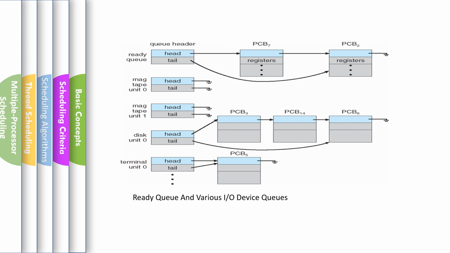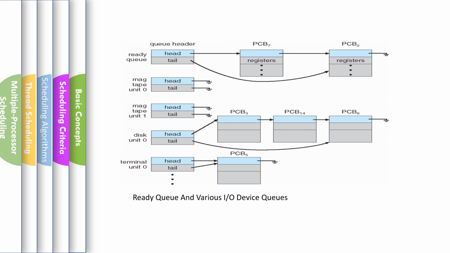Next we have the magnetic tape queues, then the disk unit queue, then the terminal queues. All these queues are maintained because the operating system keeps track of which process is getting executed at what level, where it is present in the system, and where it has to be brought next. So that is what we have learned in the last lecture.